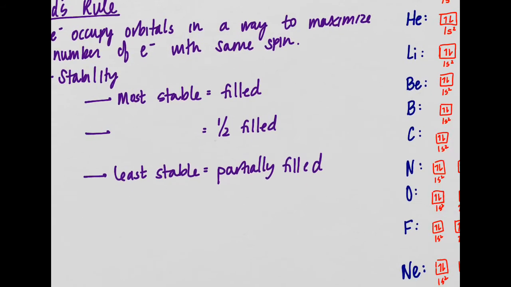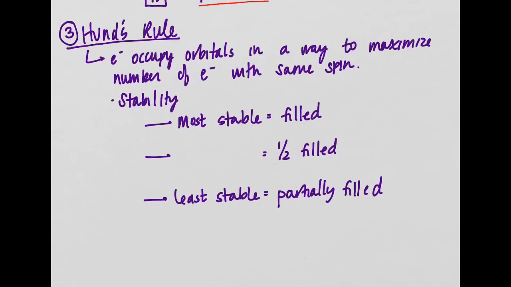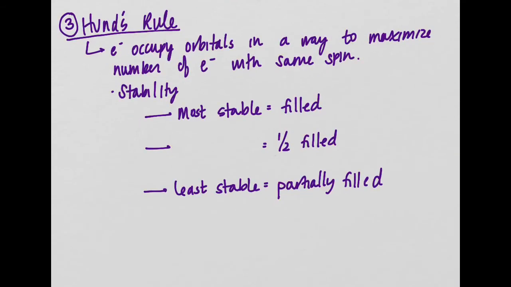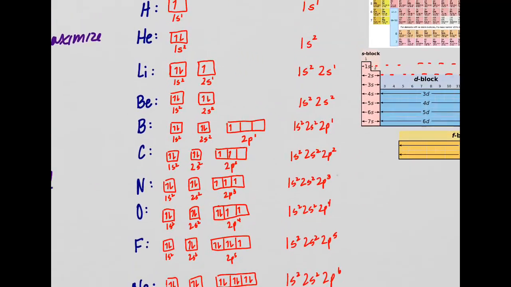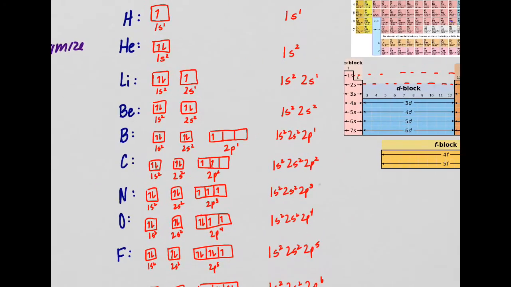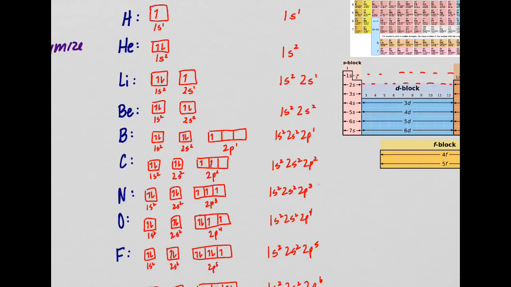Okay, so stability. The reason that Hund's rule exists is because we have this idea of stability in our electron diagrams. So we have this thing called stability, and the most stable is a filled sublevel.